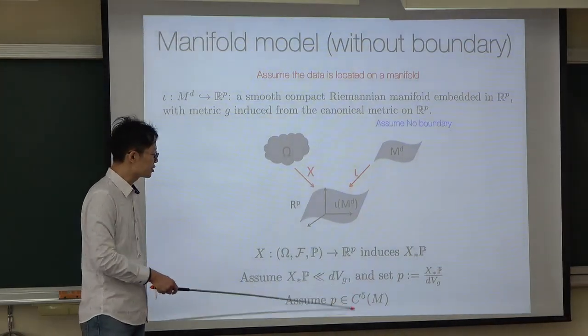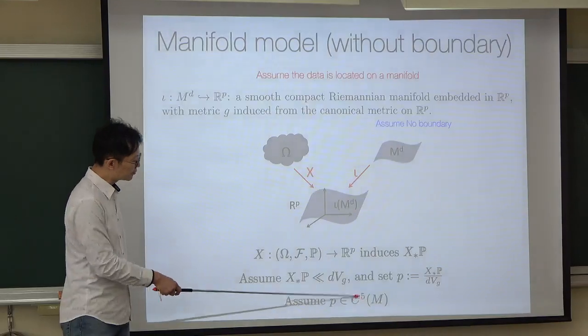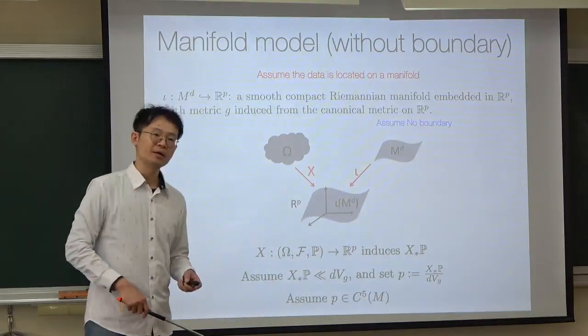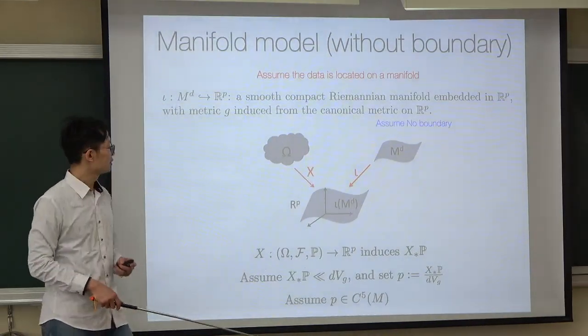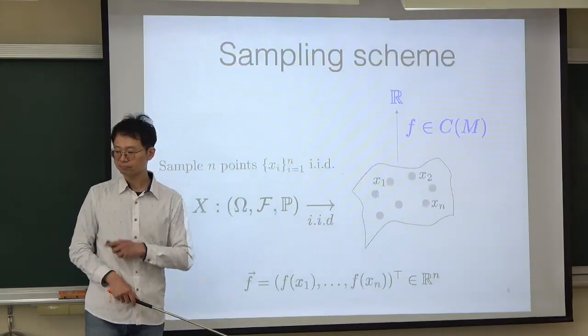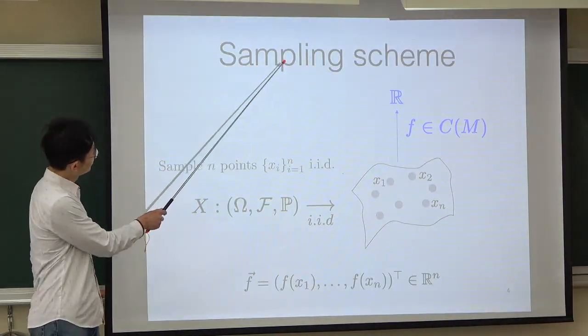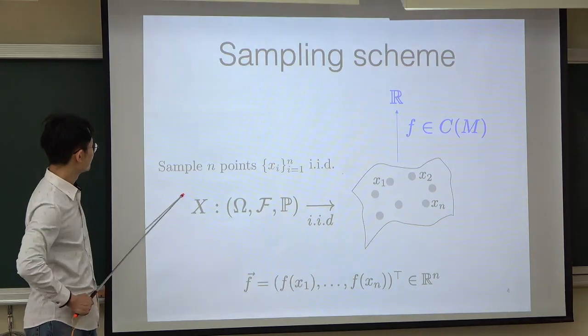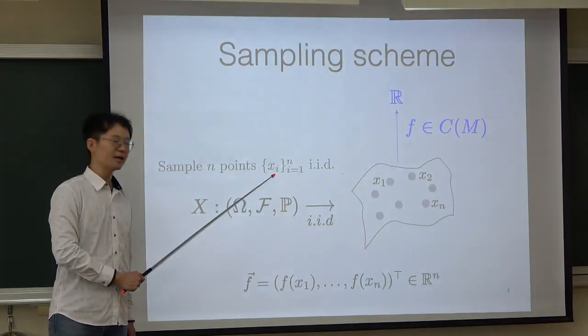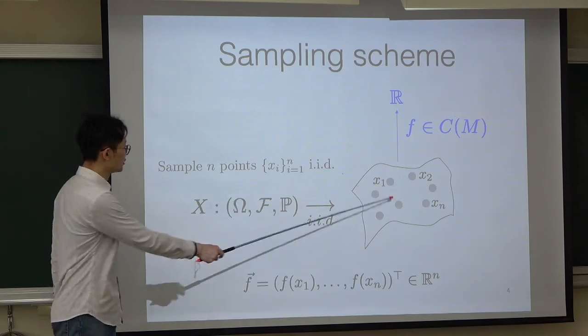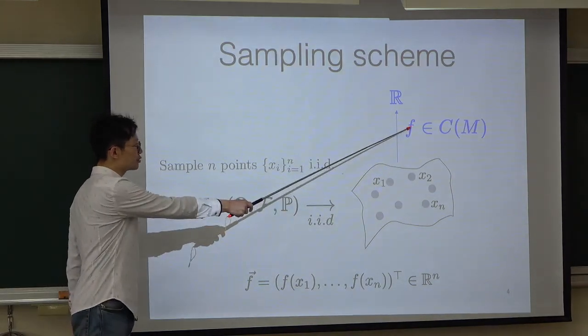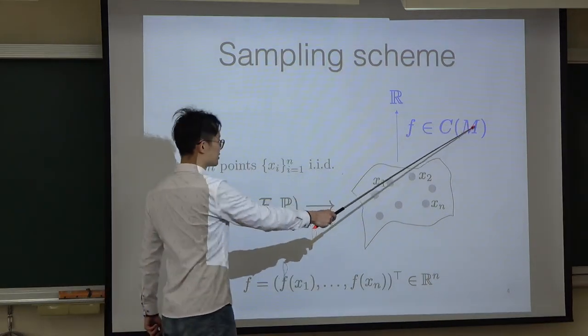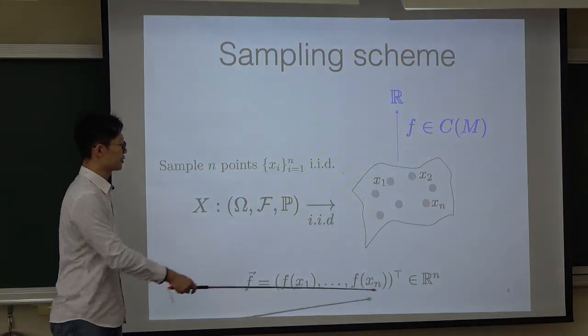This smoothness is aimed at understanding the regularity in the locally linear embedding algorithm. And then with that model, we have the sampling. For example, we will sample n points IID according to X in this way.